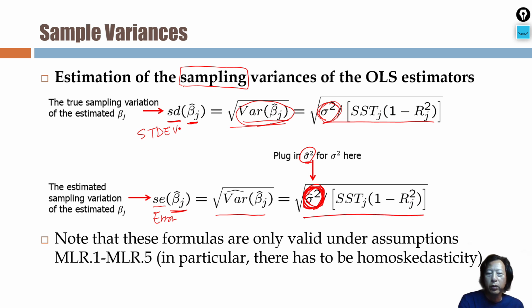But what we call it is different. This is the standard deviation, which is what it is supposed to be, but the problem is we don't know this sigma square, so we have to use our sample sigma square.